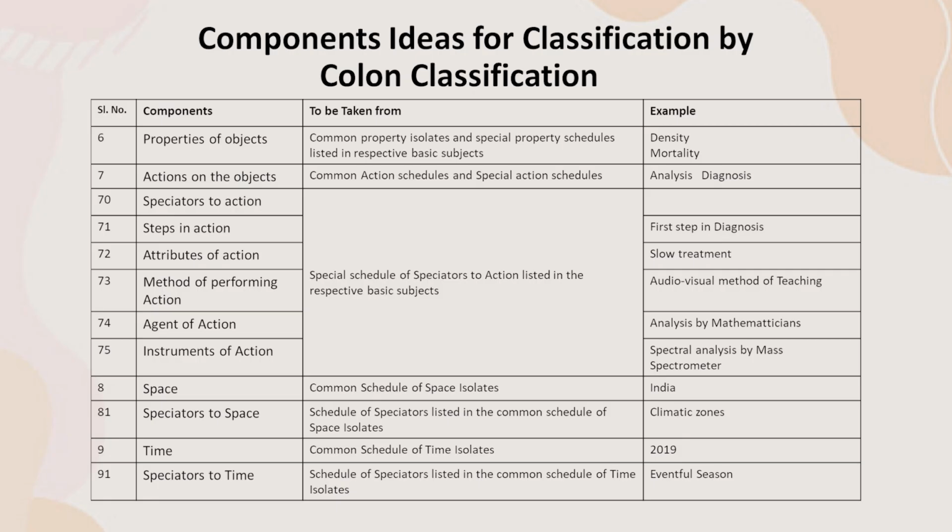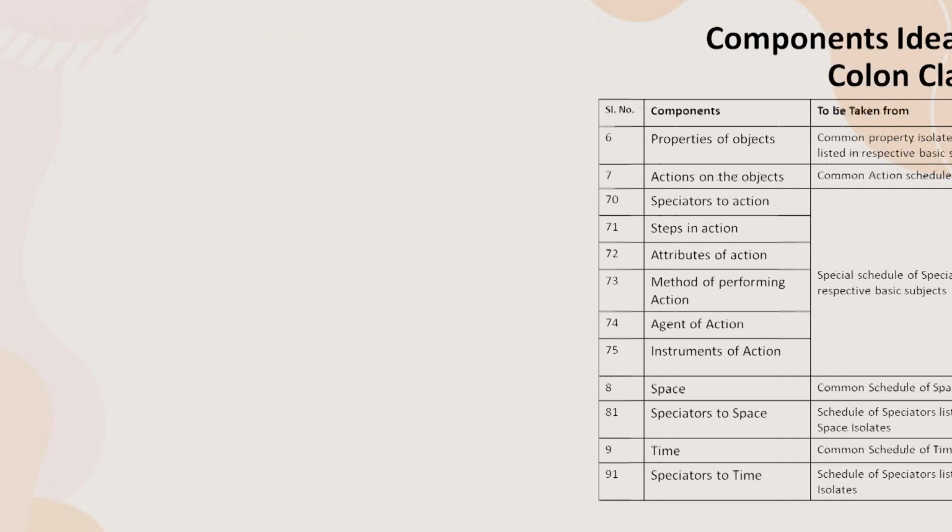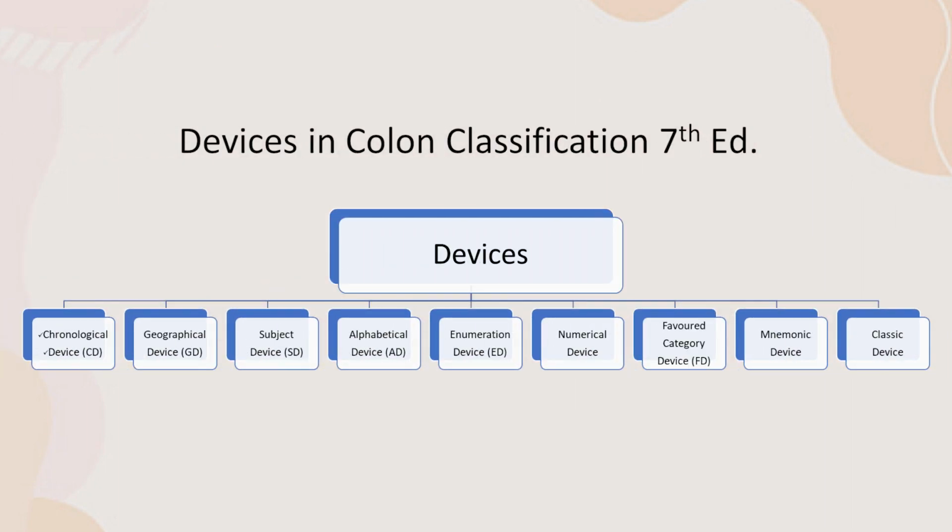In case of time components in a subject, the common schedules of time isolates are to be consulted, and if it is a speciator to a time isolate, then the schedule of speciators listed in the common schedule of time isolates is to be consulted.